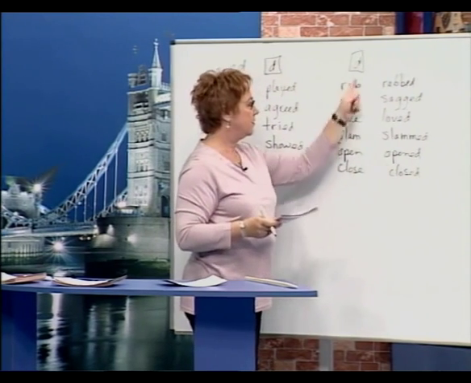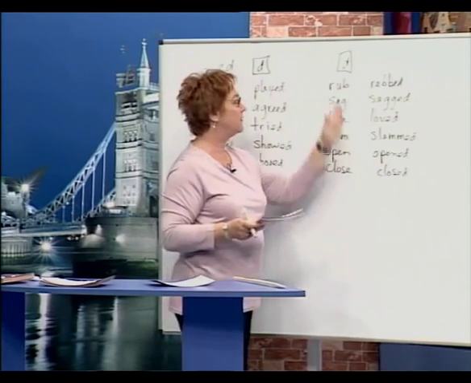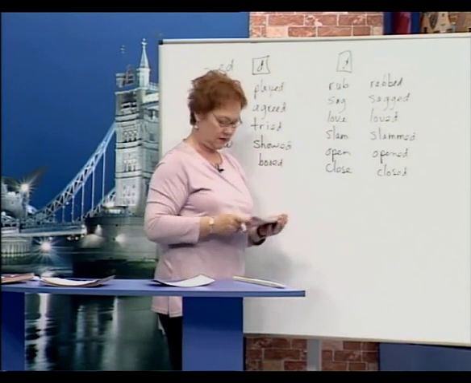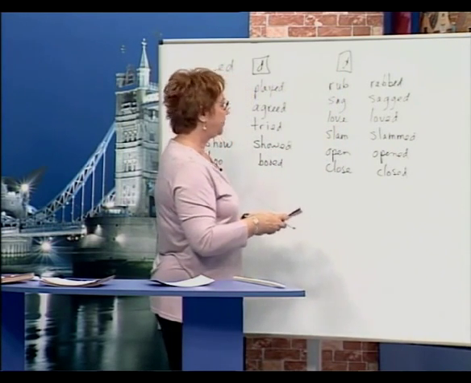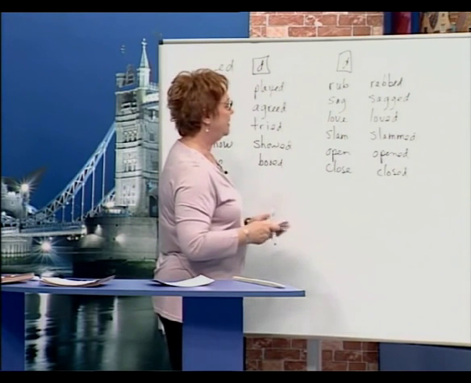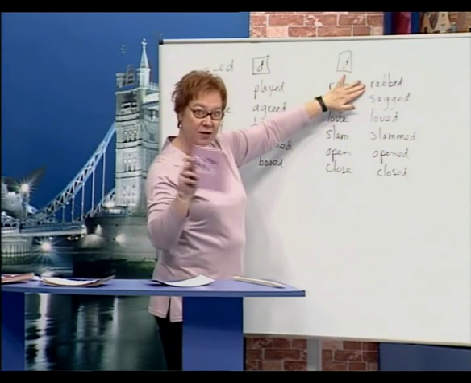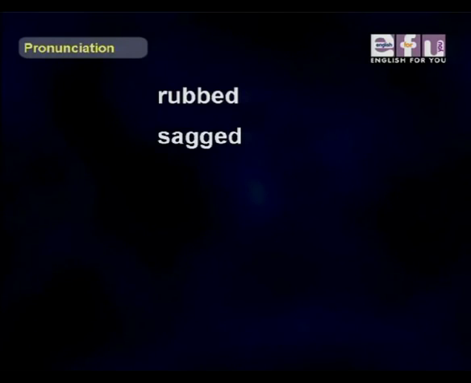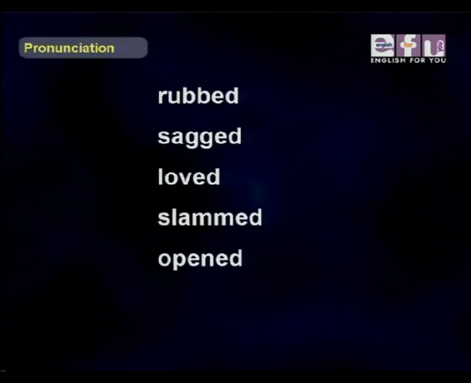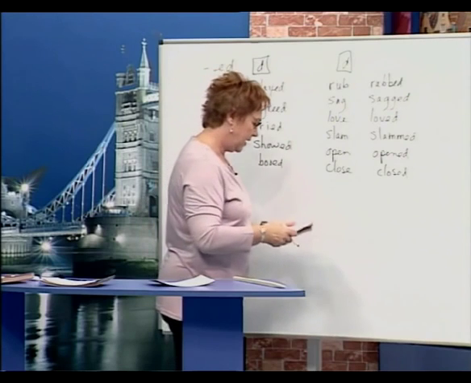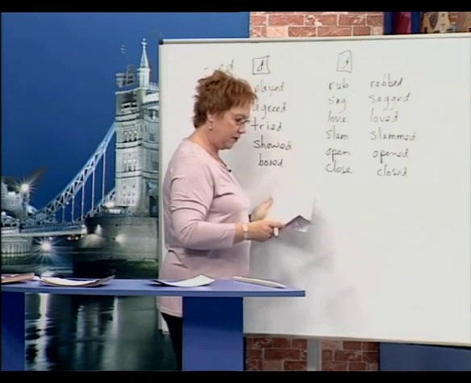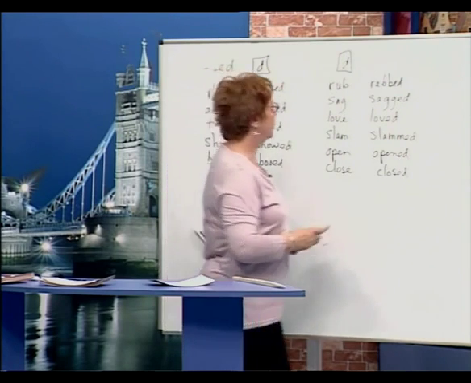Okay? So these are the consonants that are followed by a D sound. Now, let's say these again. We have rubbed. You say them at home. Sagged, loved, slammed, opened, closed.